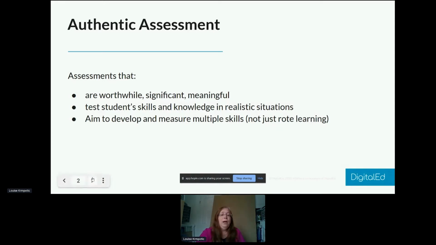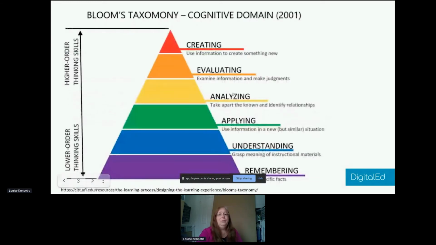And by that, what I mean is let's look at Bloom's taxonomy. This particular image came from the University of Florida and talks about the cognitive domain. Starting at remembering, being able to just recite facts that you've learned back. Going into understanding, meaning you understood what you've been told and you're able to then apply it, in the existing situation, but also in a similar but new situation.